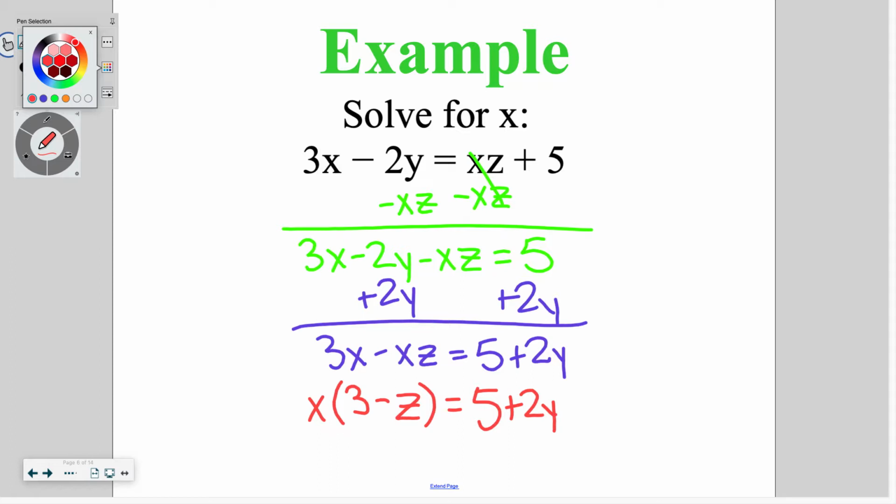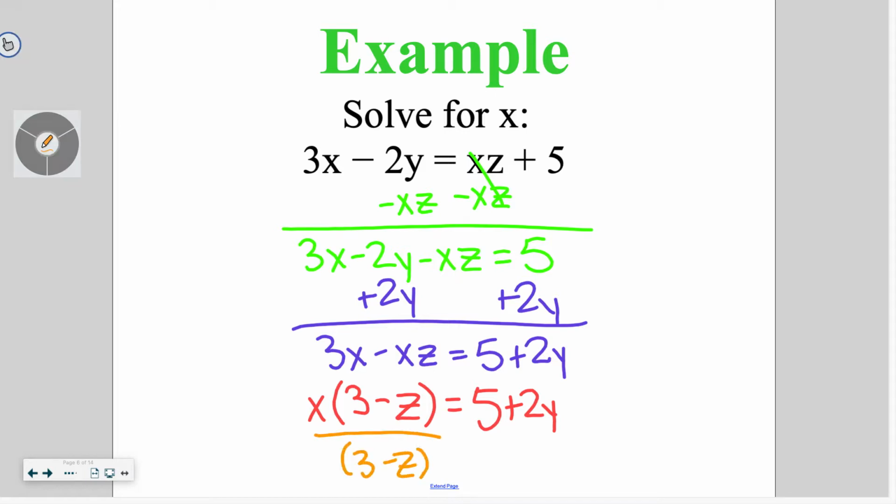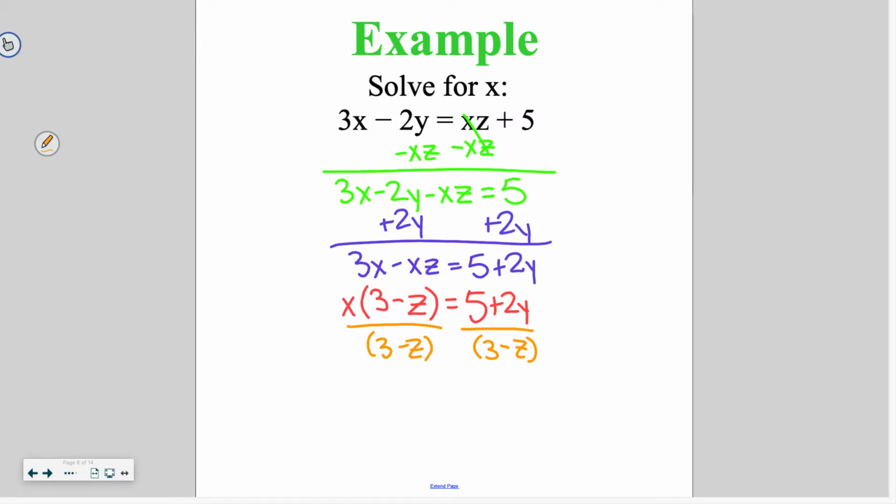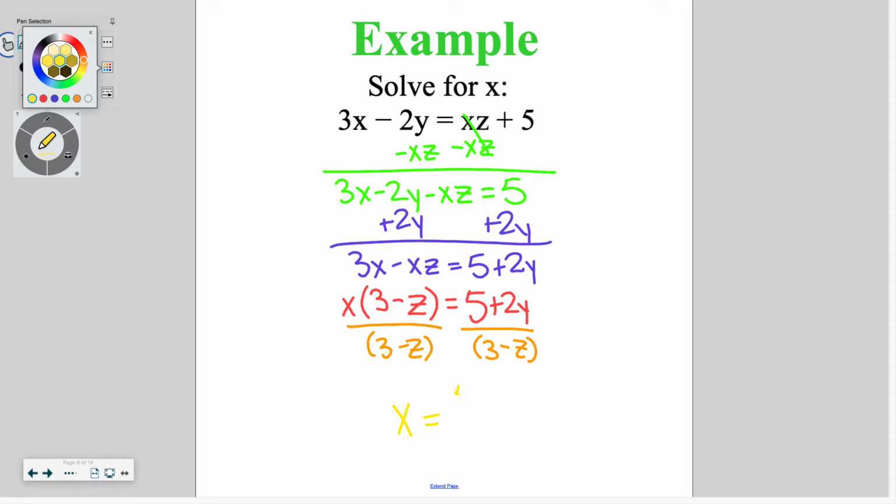Now, we know that distributive property means multiplication. So in order to get rid of multiplication, we're going to divide by the whole thing in the parentheses. So divide by 3 minus z, giving us a final answer of x is equal to 5 plus 2y over 3 minus z.